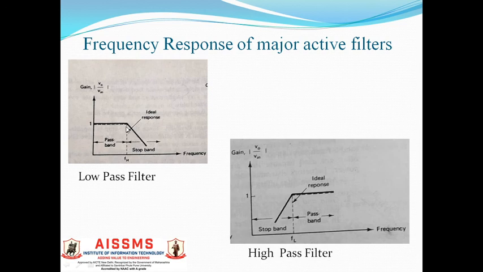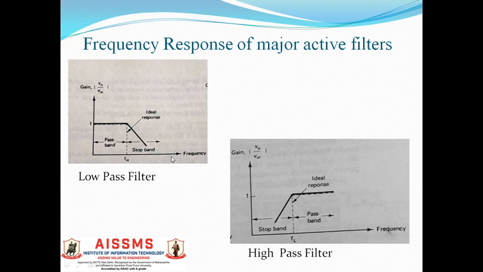At the frequency of FH, the gain is 3 dB down. So all the signals of frequencies from 0 to FH, the high cutoff frequency, pass through the filter circuit. That is why it is called the pass band. Whereas all the signals which are greater than FH do not pass, and that becomes the stop band.